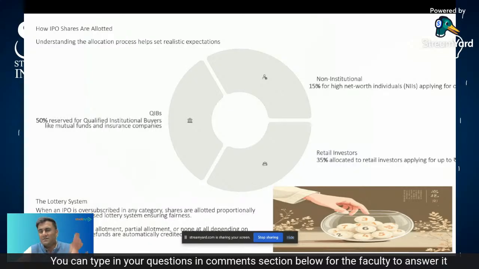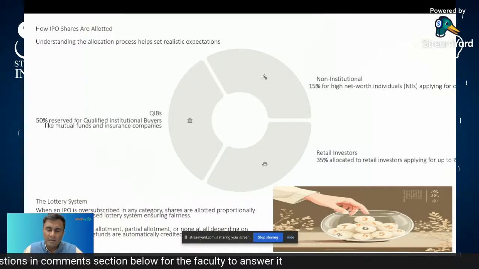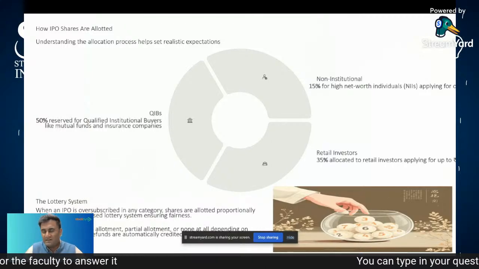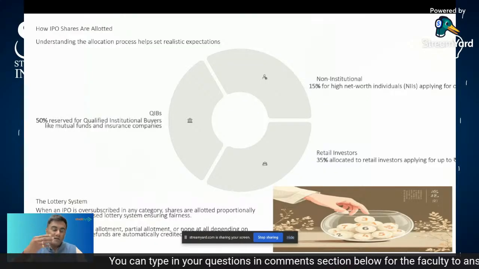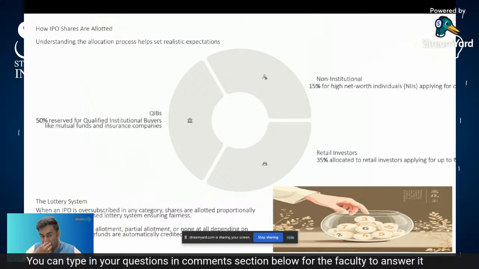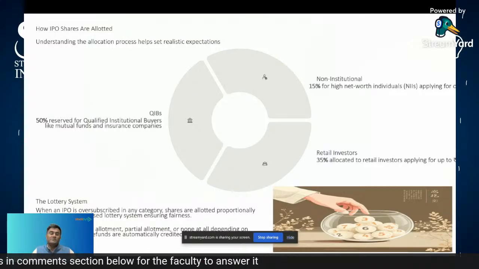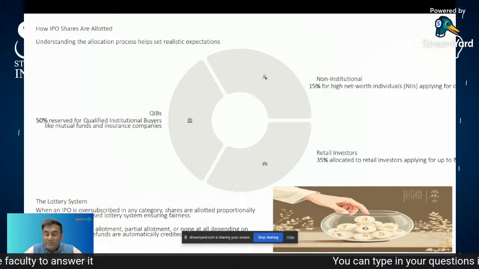And the allocation is basically decided based on the lottery system. So these are the quotas, and the retail participation quota is a maximum of 35%. Okay, it's not always 35%. It is maximum 35%. The lottery system is used when the IPO is oversubscribed in any category: shares are allotted proportionally through a computerized lottery system, ensuring fairness.